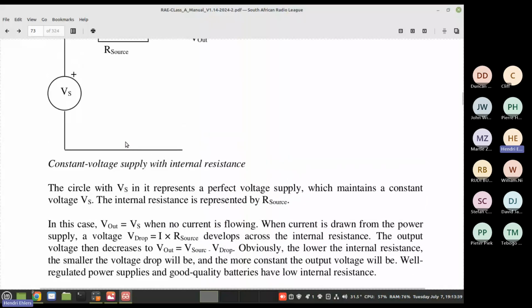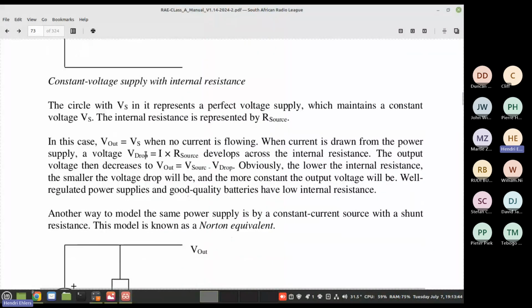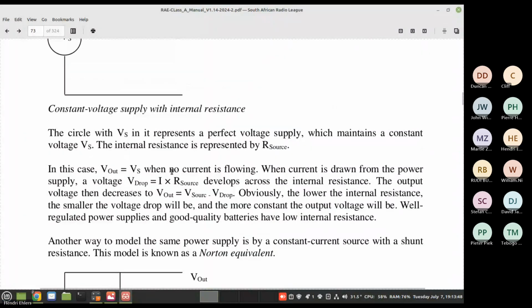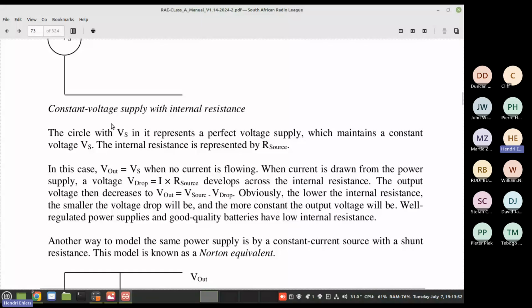Here they just explain what's happening at the top. Here they calculate the voltage drop, and it's basically Ohm's law. Without any figures in there, it's very difficult to explain how the calculation is done, but it's basically Ohm's law.